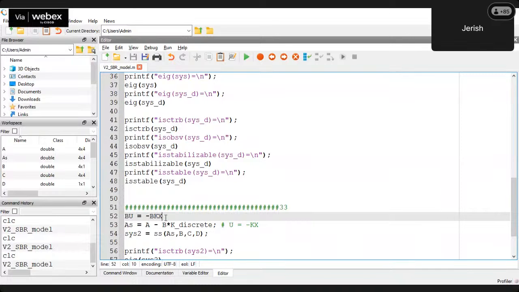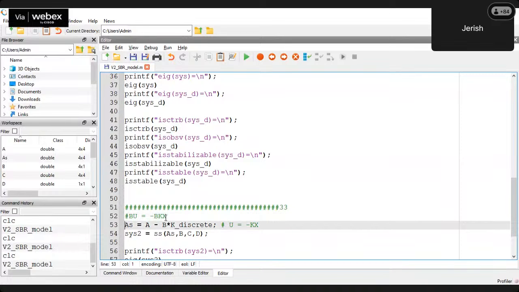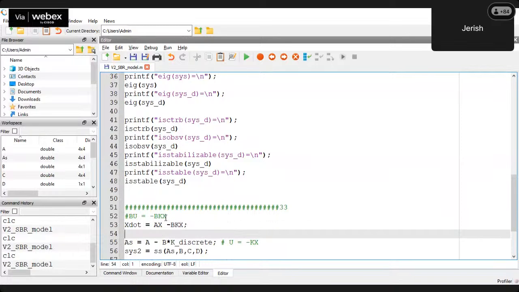Similarly, the same thing will feed inside the x dot equal to Ax plus Bu equation, and this is what we get: x dot equal to Ax minus BKx. And after taking the x out, what we get is x dot equals x into bracket A minus BK.